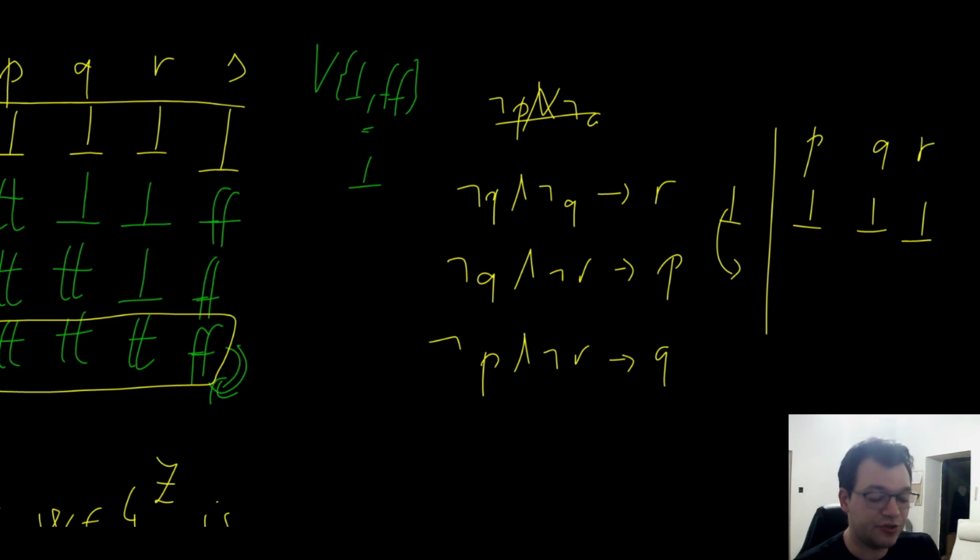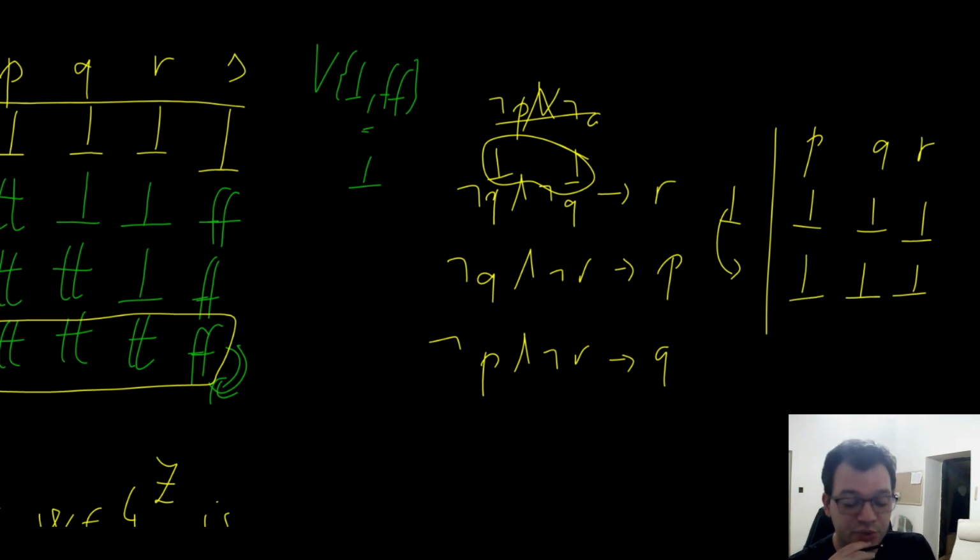The negation of unknown is still unknown, and the conjunction of two unknowns is still unknown, so you just have to set the new value of R to unknown, and the new value of Q and the new value of P to unknown as well.